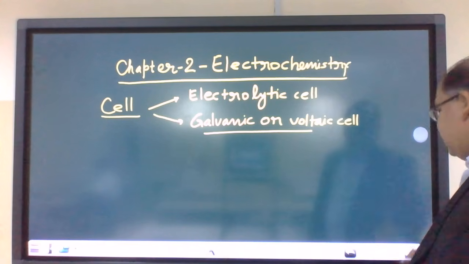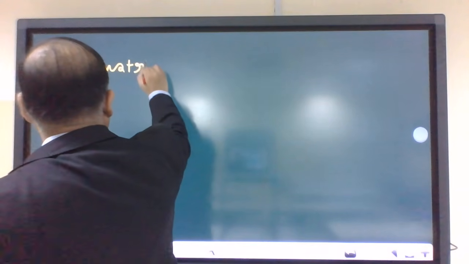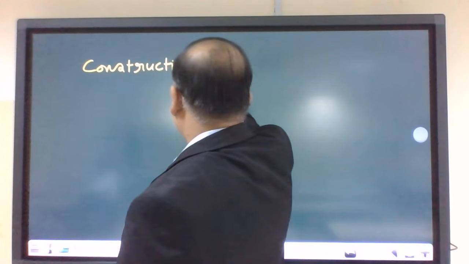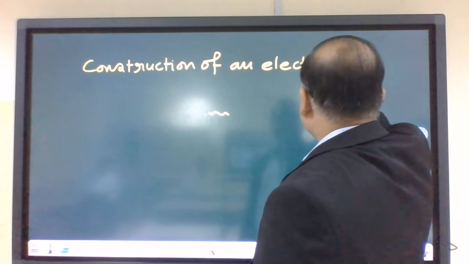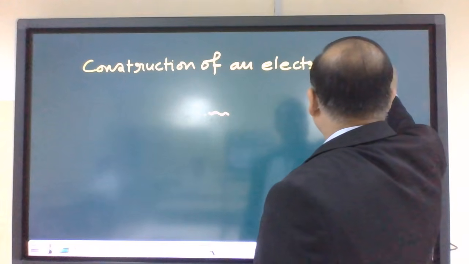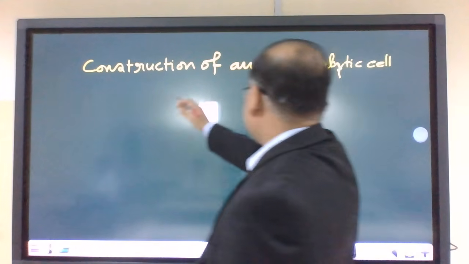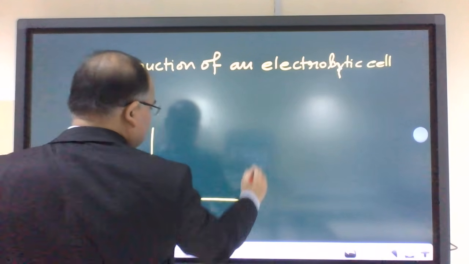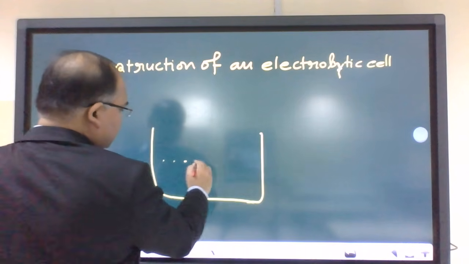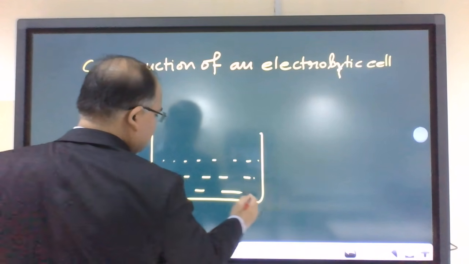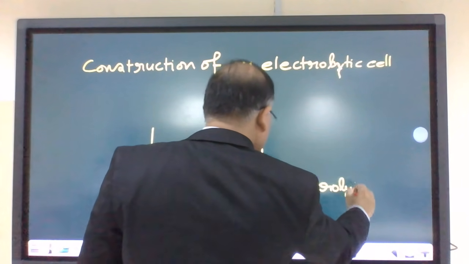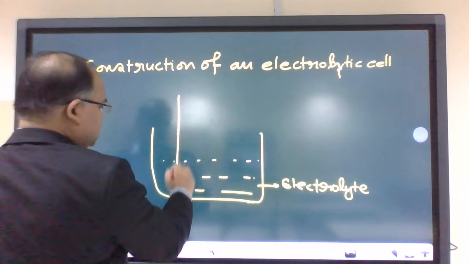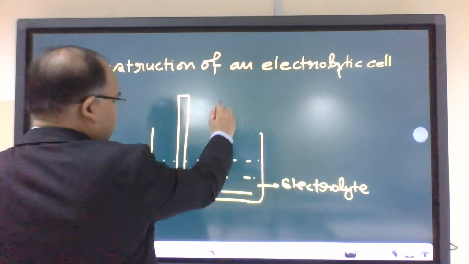Now, the construction of an electrolytic cell. In this type of cell, in a container, we take an electrolyte, and two solid rods are immersed in this electrolyte solution.